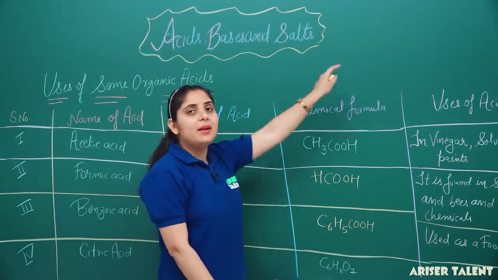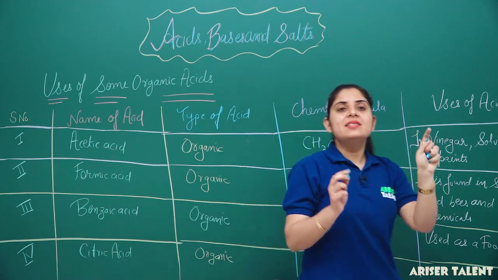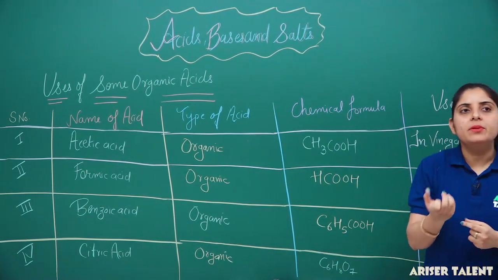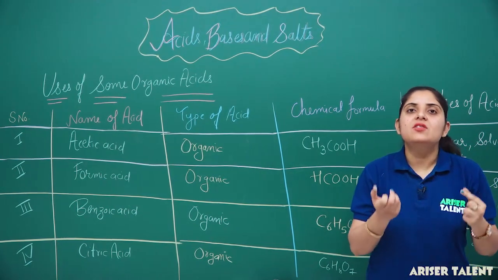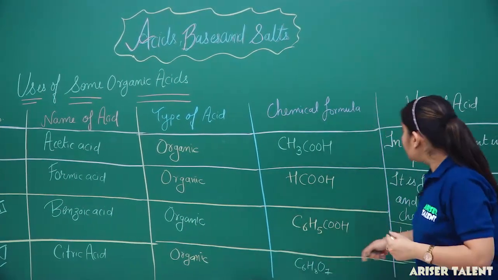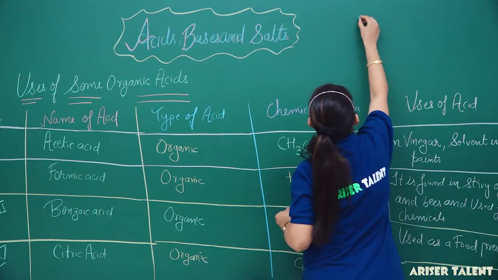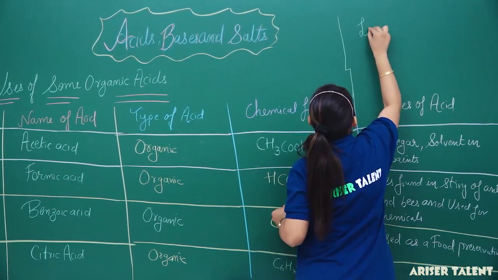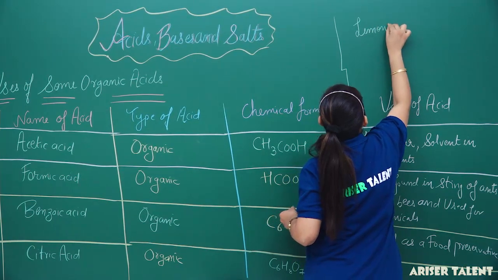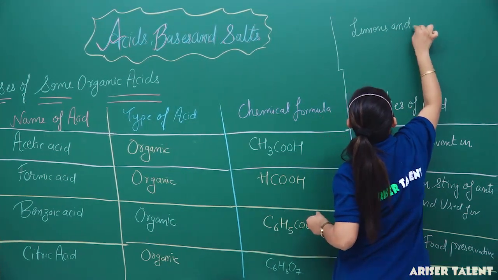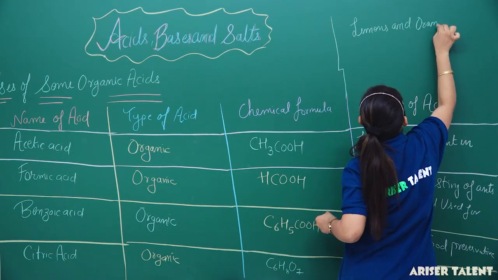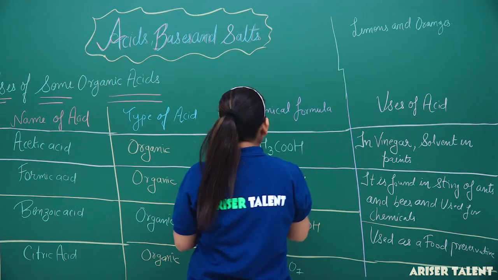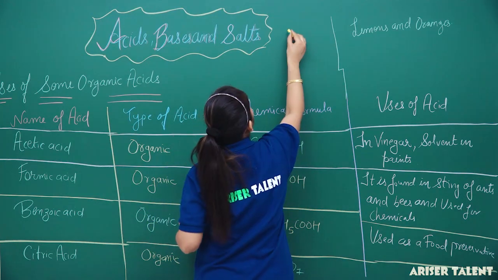Now its use I am writing here. Citric acid can be obtained from citrus fruits such as lemons and oranges. So it is found in lemons, oranges and some other citrus fruits. So this is about C6H8O7.